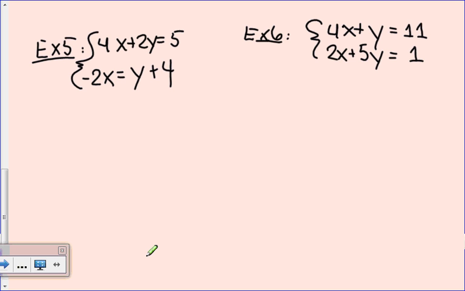So again, one of the variables completely by itself. Did you see it? So we're going to focus on getting him by himself. So that's step 1.